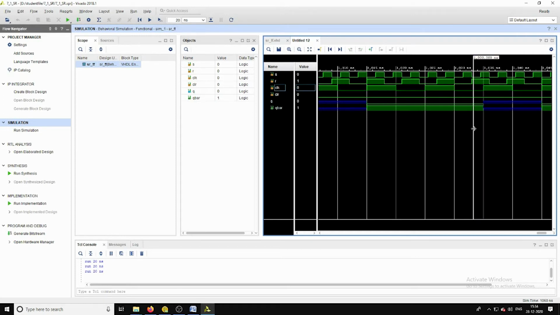The next case, when this clock changes from 0 to 1, at that moment the inputs are 0 0, so that the same previous state of value continues. So in the same way we can analyze all the states. So with this I can conclude the SR flip-flop.